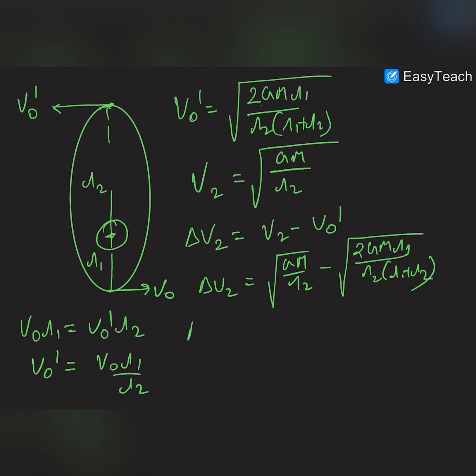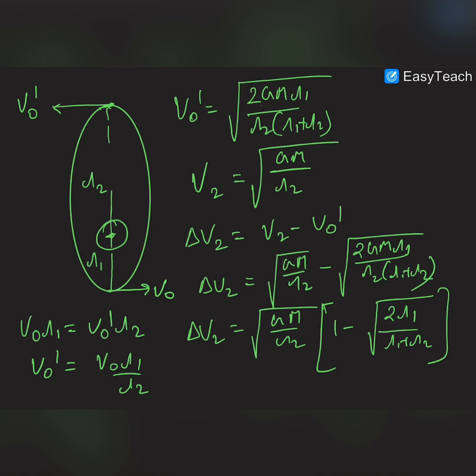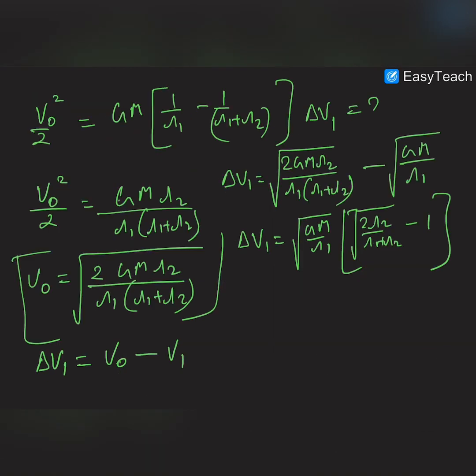Okay, so let us take out the common term, which is under root of gm by r2, and in the bracket it would be 1 minus under root of 2r1 by r1 plus r2. You can also compare this impulse with the initial impulse. This was the initial impulse.